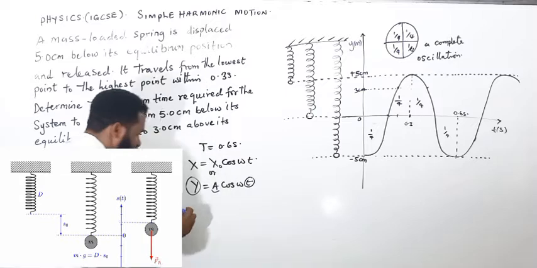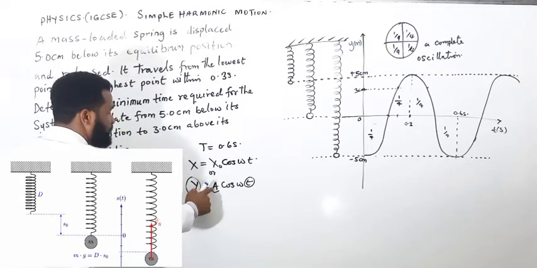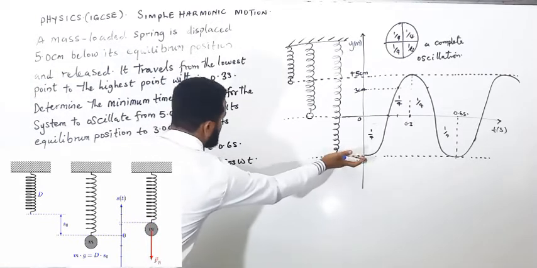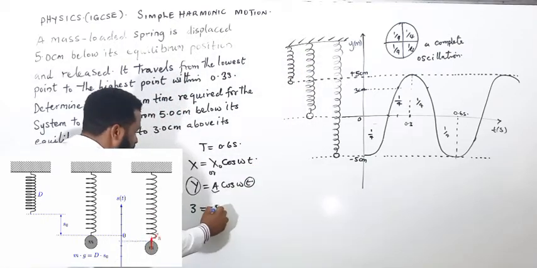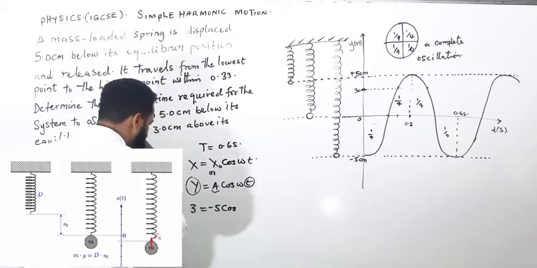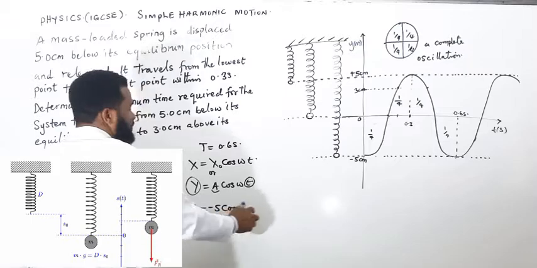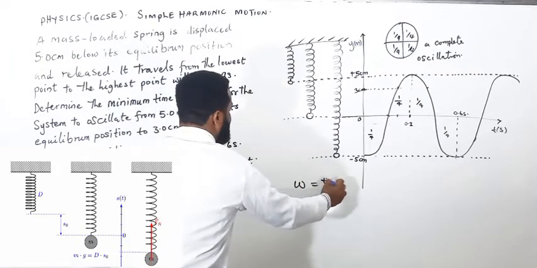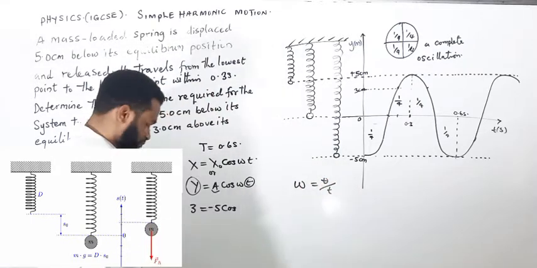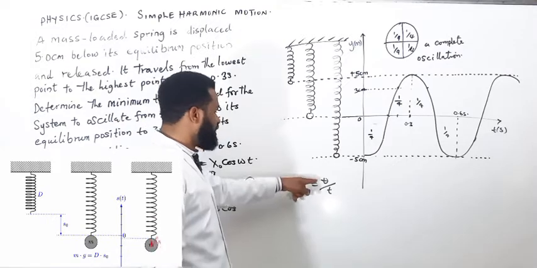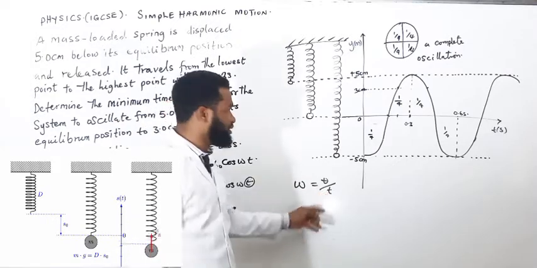So I'm going to write 3 is equal to -5 cos, because it started from here and goes up. The next thing I want to find is omega. Omega is theta over time. That is angular velocity, which is the angular displacement over time taken.